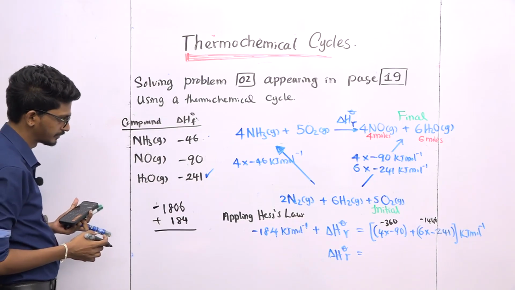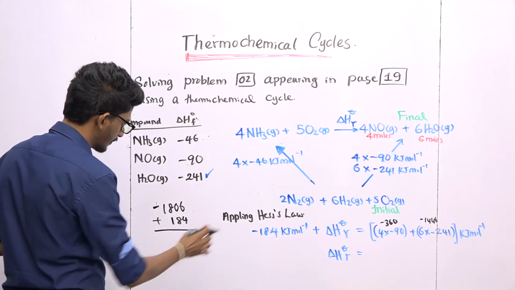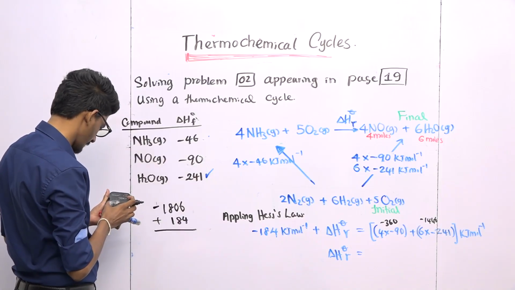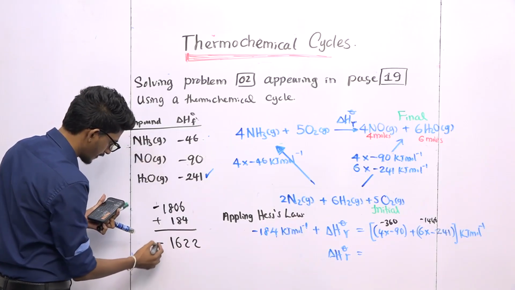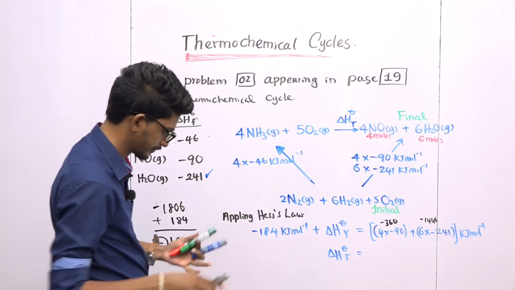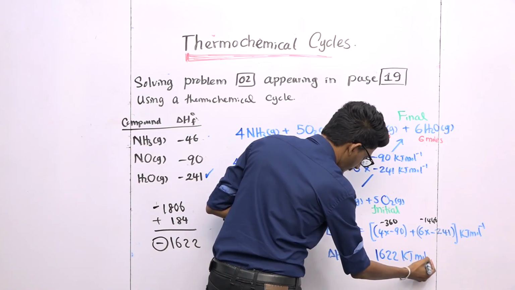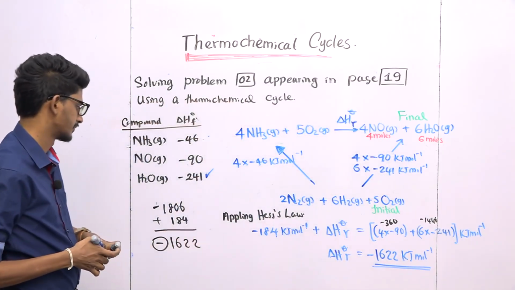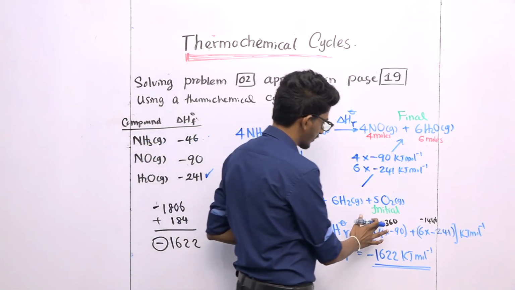So this becomes positive, and it is going to be 1622, a minus value. So that is the delta H naught R. Okay, so that is how we are supposed to solve this one.